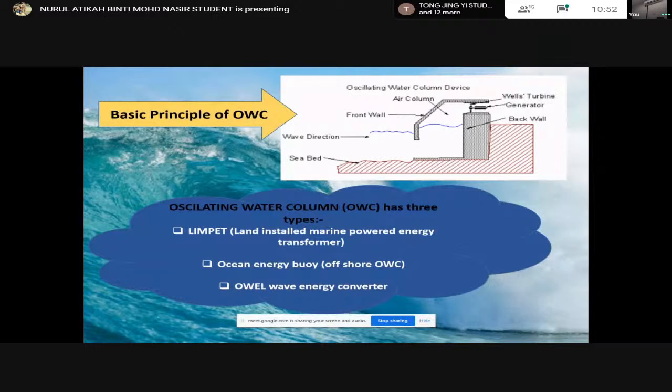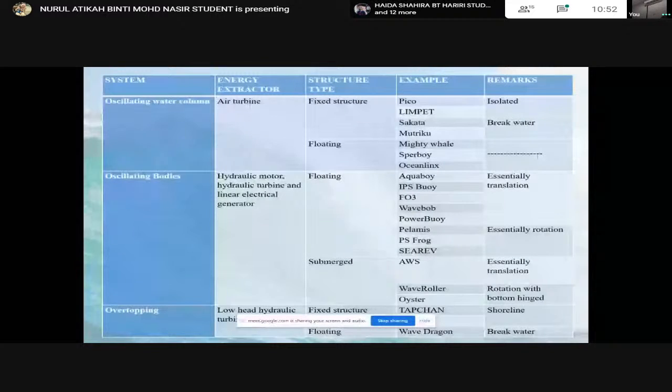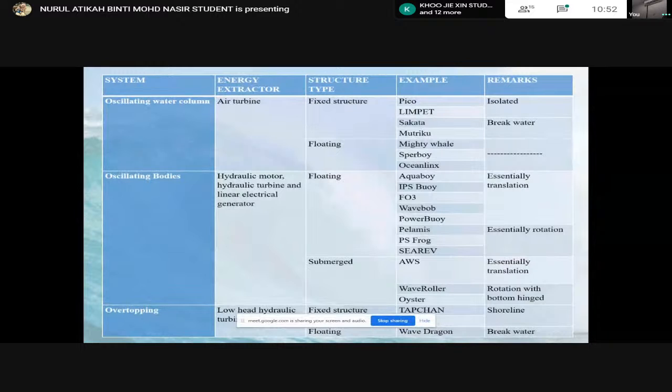These are different systems and types of oscillating water column. So we chose LIMPET as a suitable device to use in this case study.